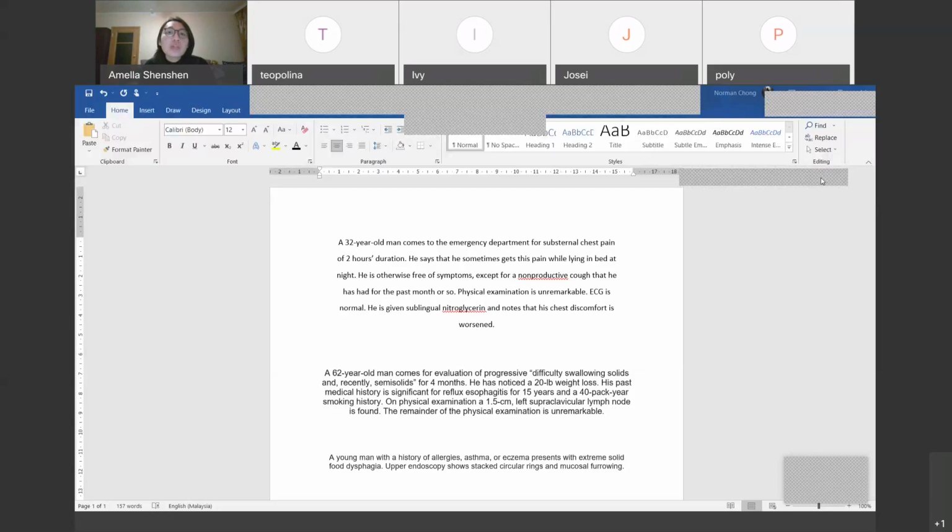Next, he is otherwise well, except for a non-productive cough that he has had for the past month or so. Non-productive cough. What does that show us? Is it a problem with the respiratory system now? Maybe, maybe not. Maybe it's bronchitis. What if it's bronchitis? So another differential, right? What type of bronchitis are we talking about?